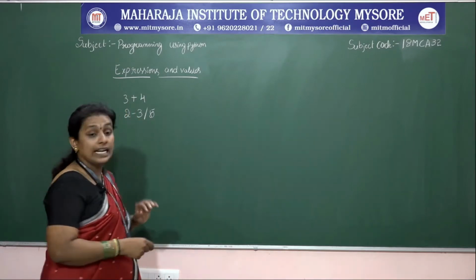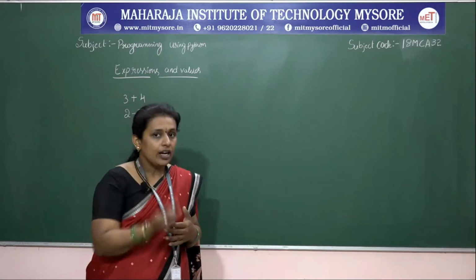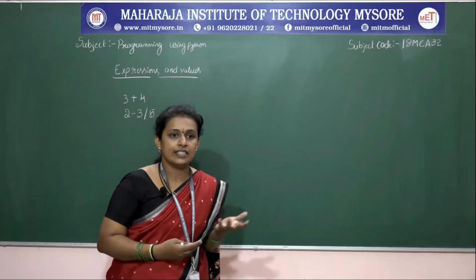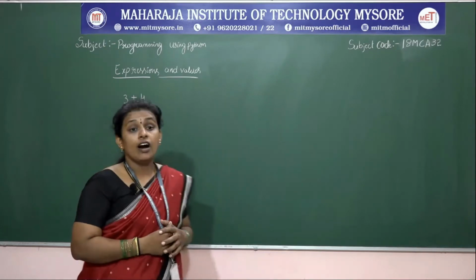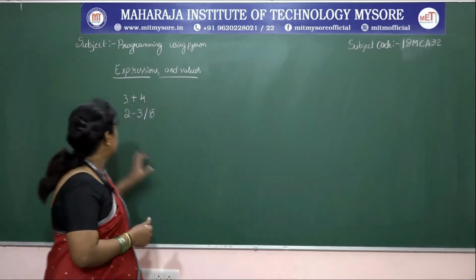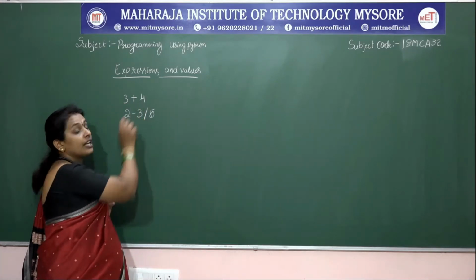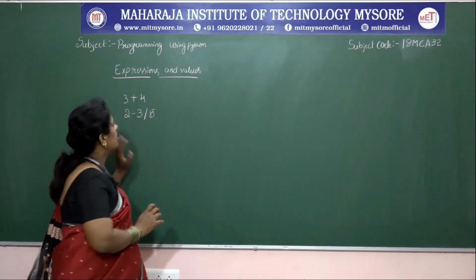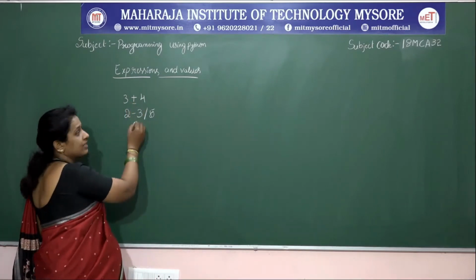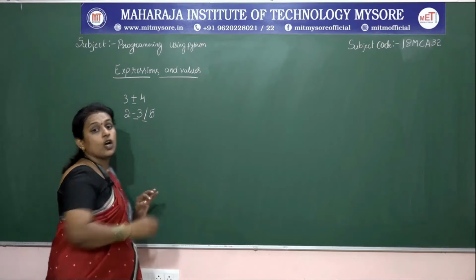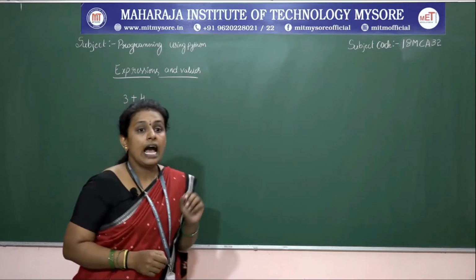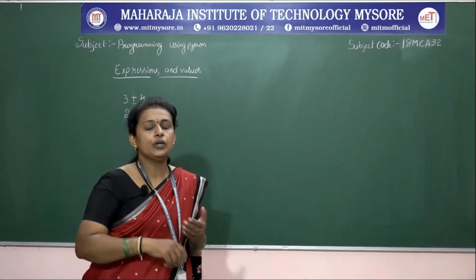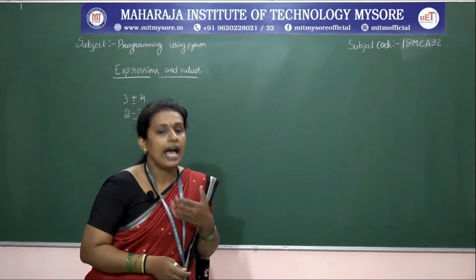The operands are the values, here 3 and 4. The symbols plus, minus and division represent particular actions.